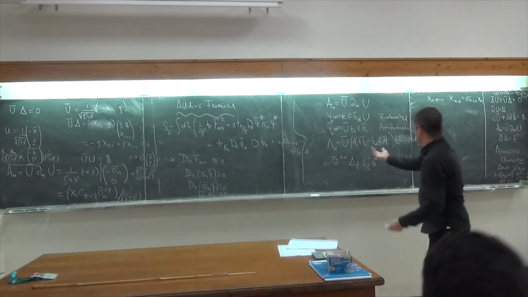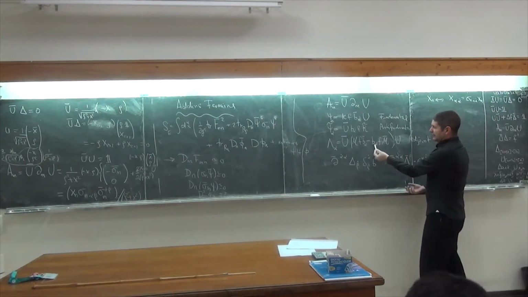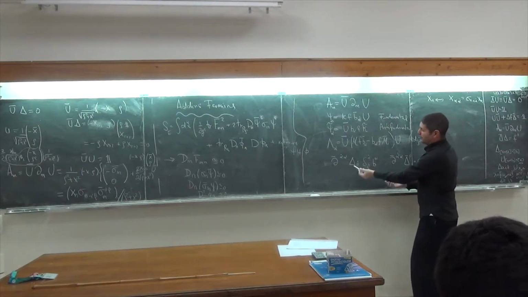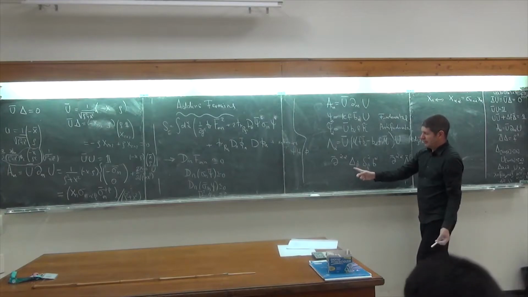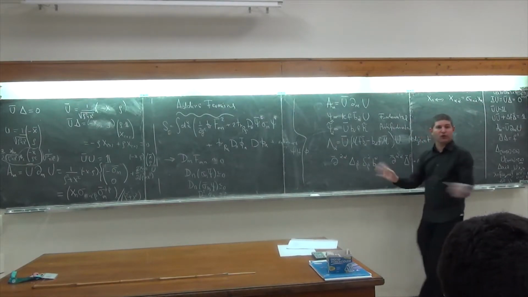Okay, B alpha is a constant matrix, a constant that is just the derivative. You remember the dependence of delta was just linear, and the derivative of delta was a constant.